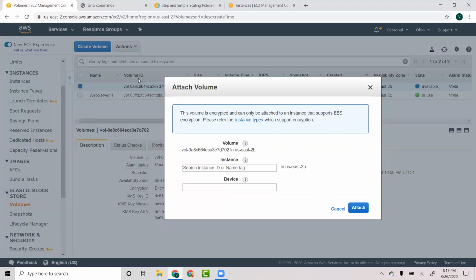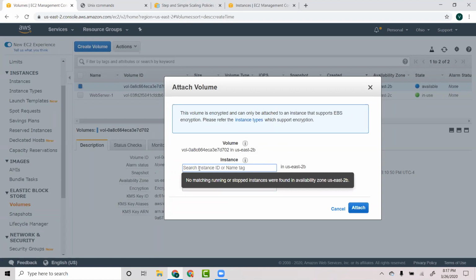I'm trying to attach this EBS volume to an EC2 instance, but I have at least one instance out there. Why is it not showing me this one? Read this guy: no matching running or stopped instances were found in availability zone US East 2B. So you will not be able to attach your EBS volume to an EC2 instance outside of that availability zone.